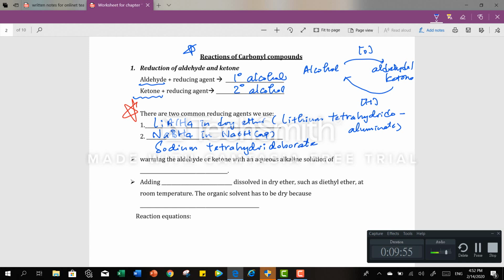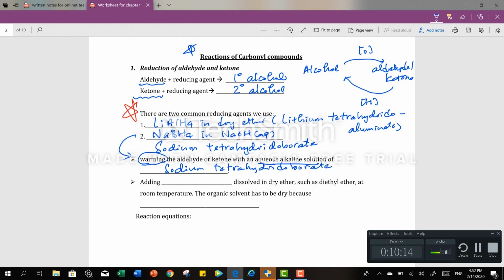Now, warming the aldehyde or ketone with an aqueous solution is talking about this one. You need to warm. So the answer is this one, sodium tetrahydroborate.